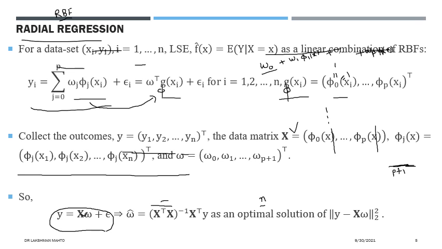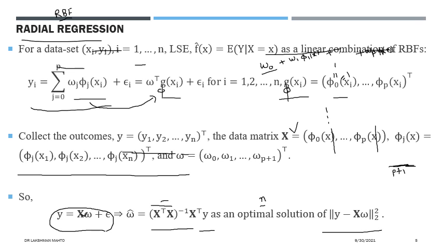Either you apply the orthogonality concept from linear algebra, or directly you get it from the calculus approach. That means you are just minimizing the squared error function, y minus x times omega, and the optimal solution is given by the pseudo inverse matrix times y.